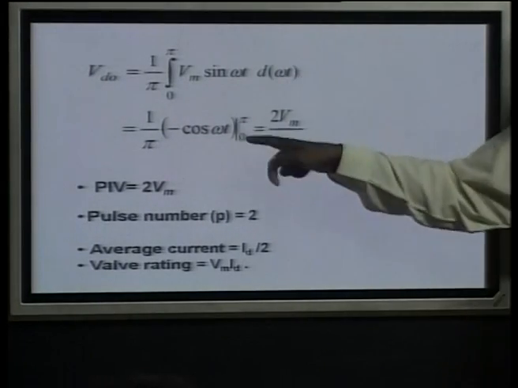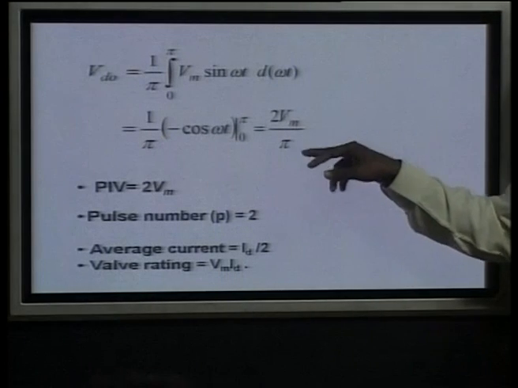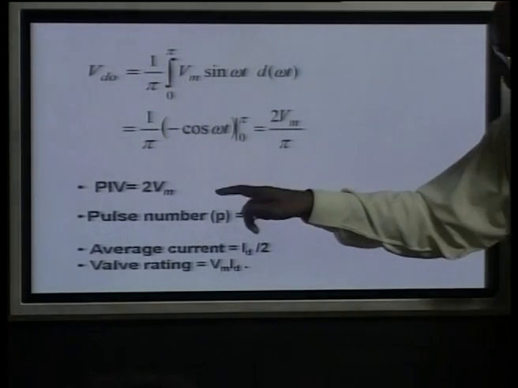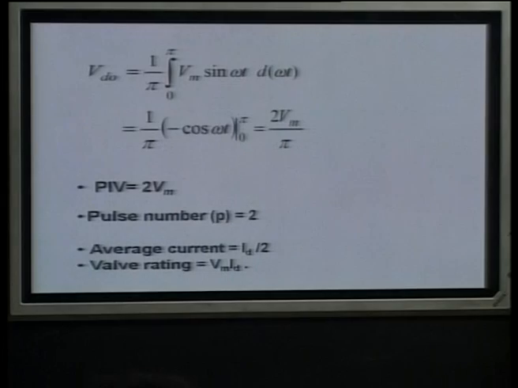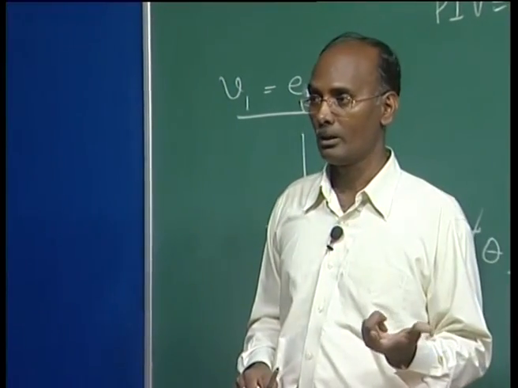Here Vm and Em are the same. Integrating, the output DC voltage becomes twice that of the half wave rectifier, 2 Vm upon pi. But the problem is that the peak inverse voltage of the valve becomes twice Vm, so you need double the rating of a single valve.